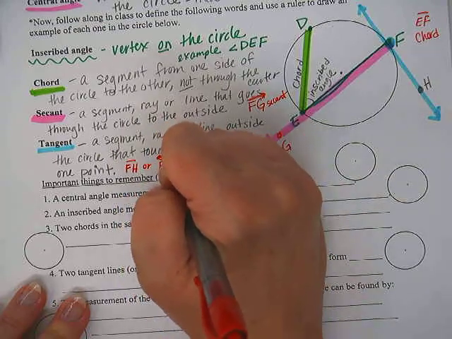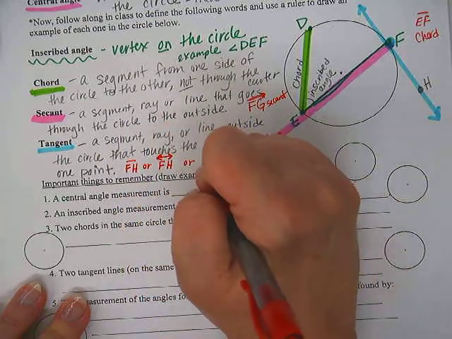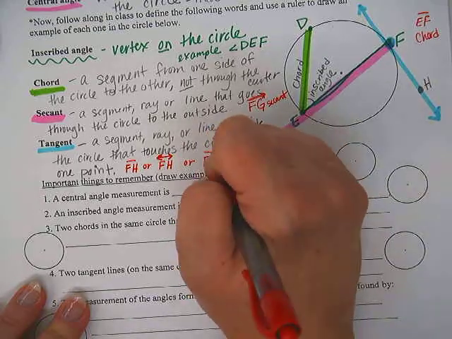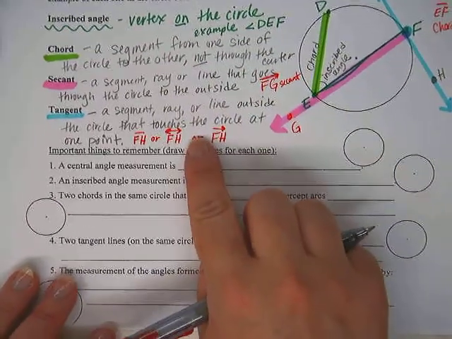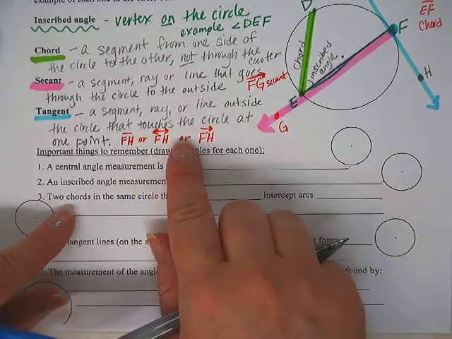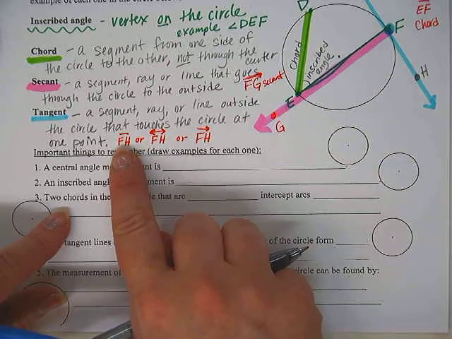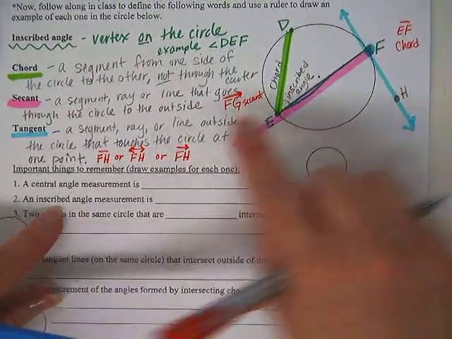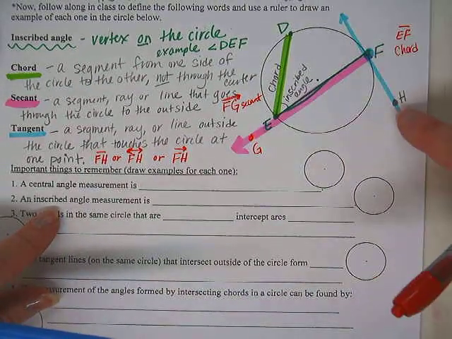So I'm going to call that point H. So an example of a tangent would be either segment FH or ray FH. Oh, actually I just made that into a line because I put arrows on both ends. Or ray was the one I was going to do, FH.